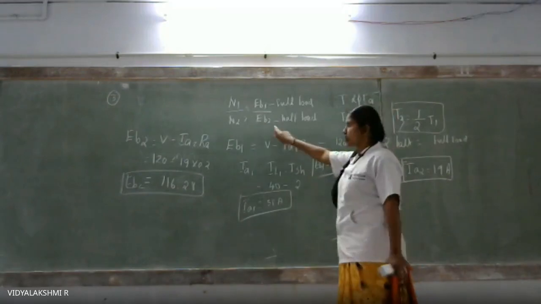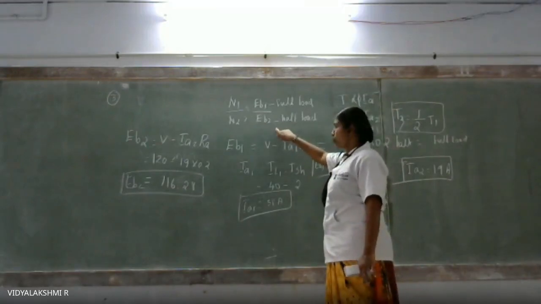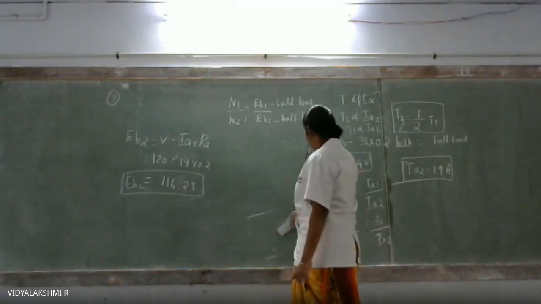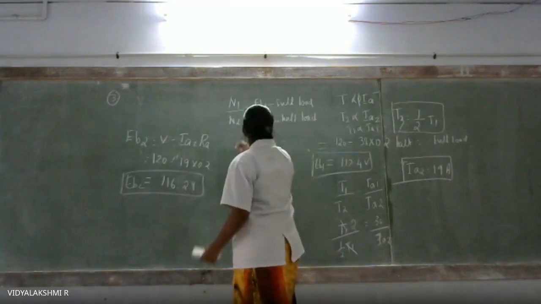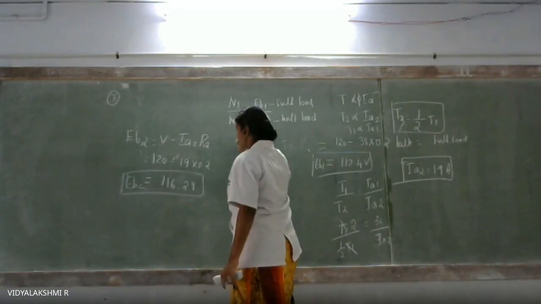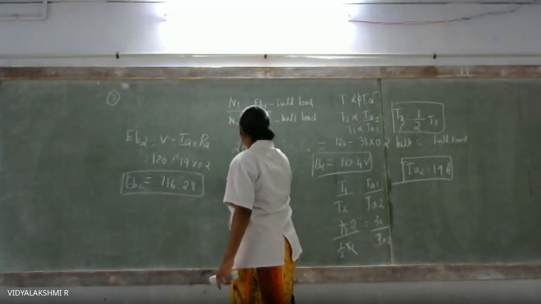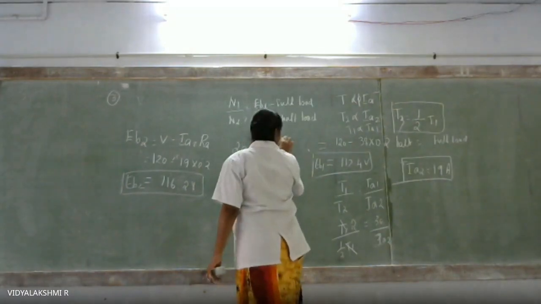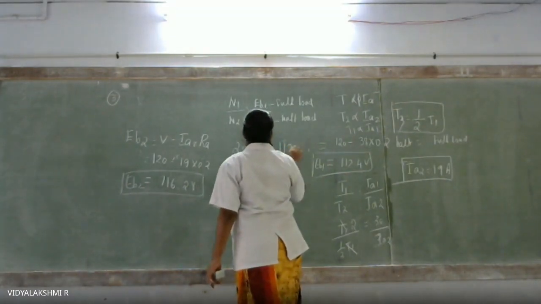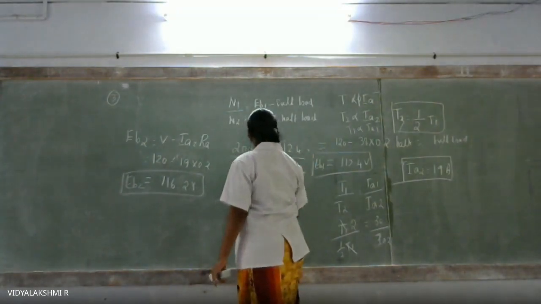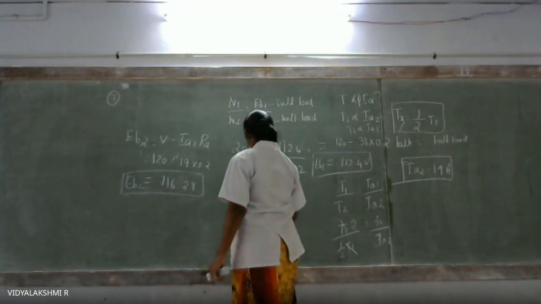I'm going to find out the N2 because they told to find out the full load speed here. So I think we have copied this. And then we know that N1 value is equal to, what is the N1? 2000 RPM. N2, which is equal to EB1 is equal to 112.4 divided by 116.2. So what is my full load speed?